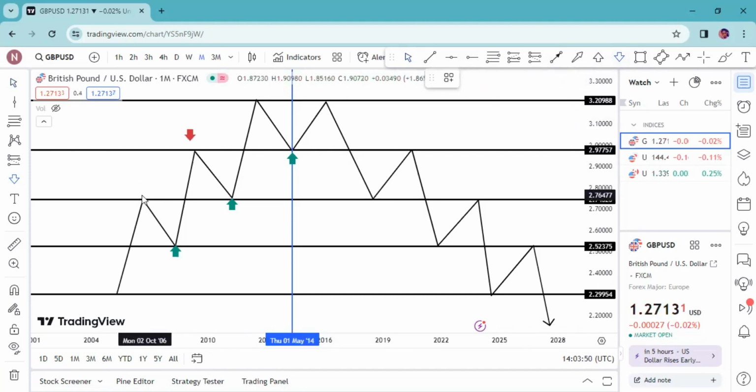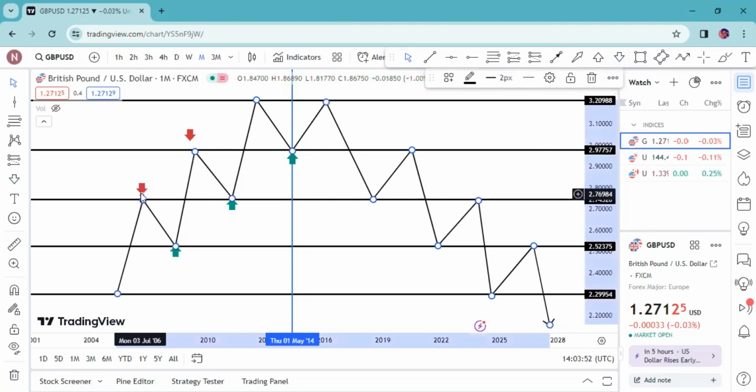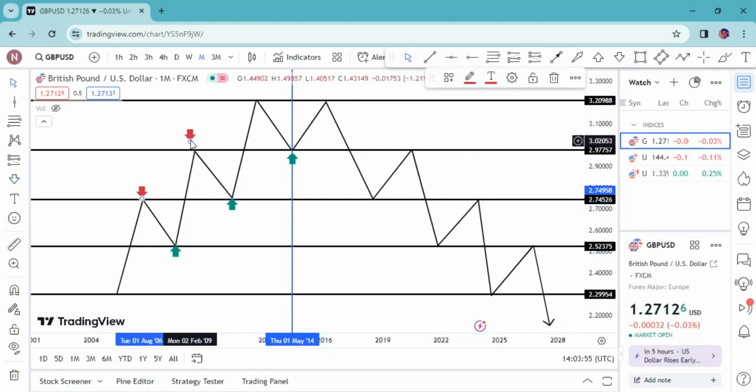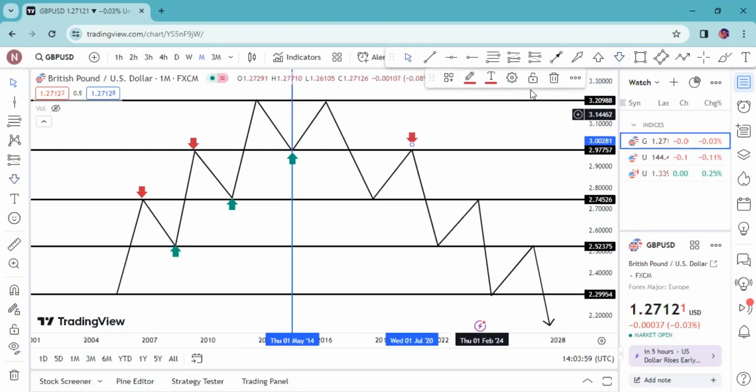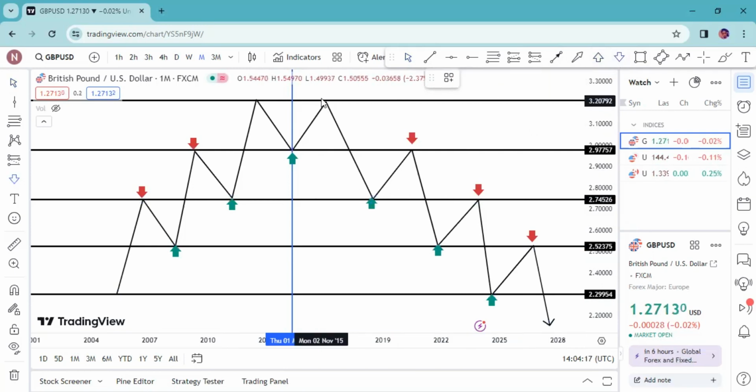I can put these levels here, this one here, this one here, and also here, and here.